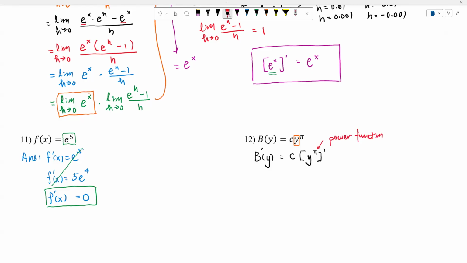So now we have to apply the power rule to take care of this y to the pi. We bring the power down and we subtract 1 from the power, right? So my answer will be c pi y to the power of pi minus 1.